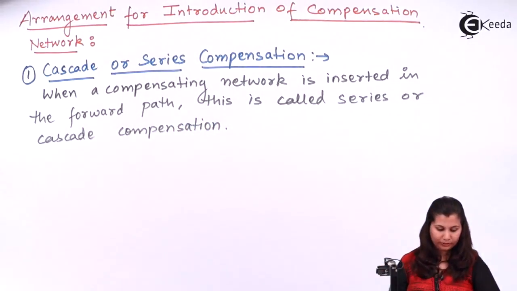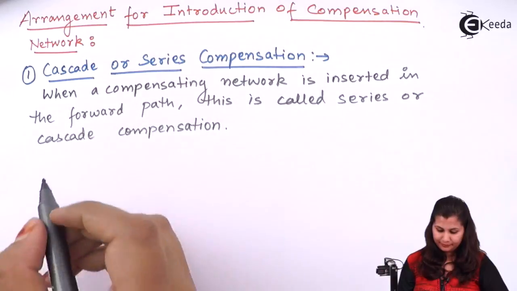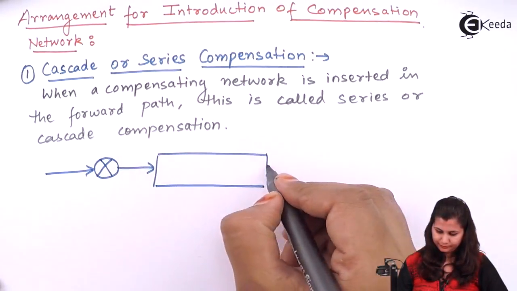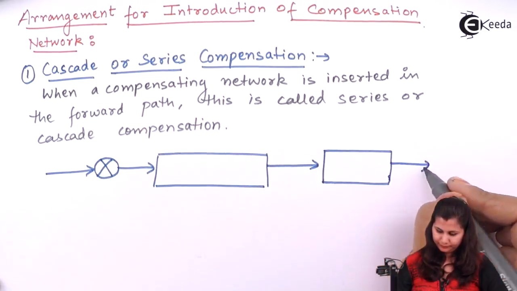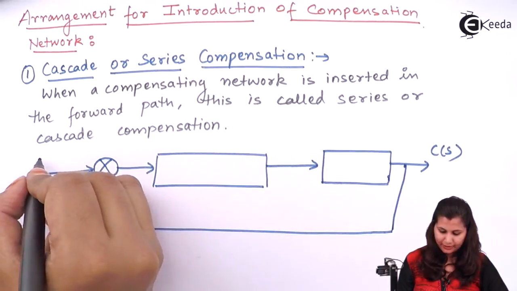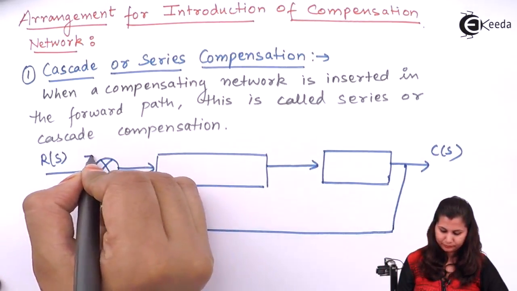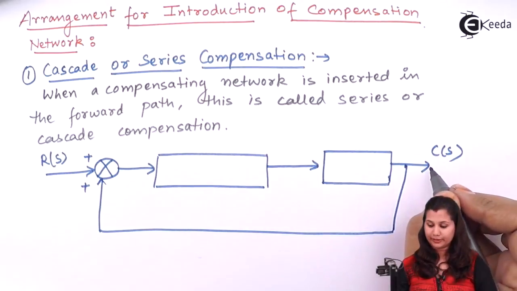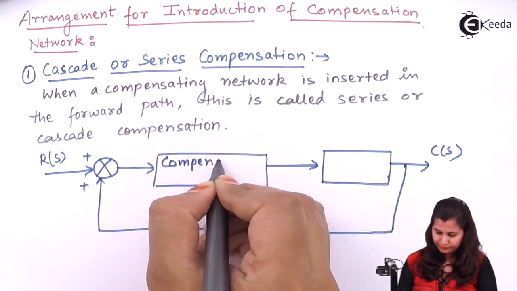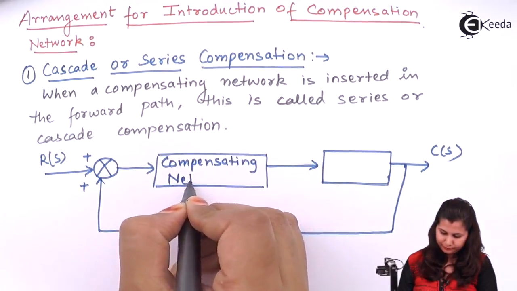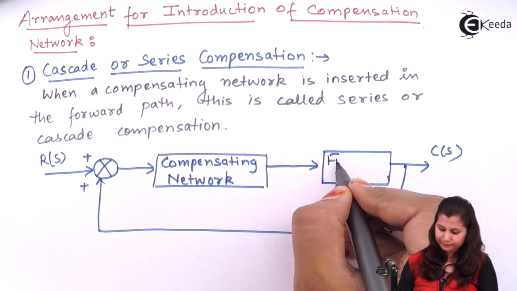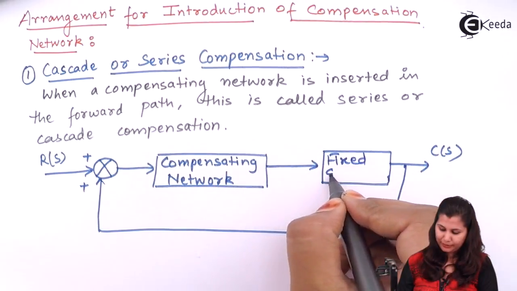Now if we draw the block diagram for this, this is our input R(s), this is our output C(s), this is our compensating network, and this is the fixed element, or we can say plant.